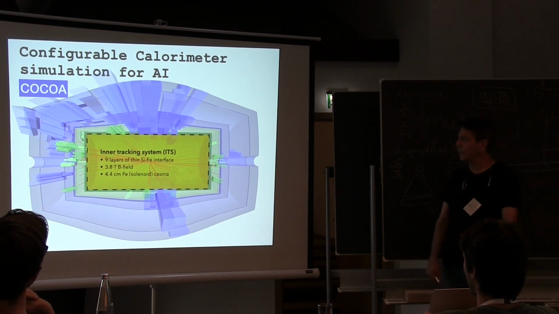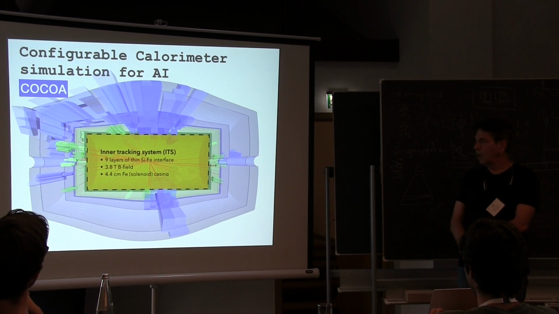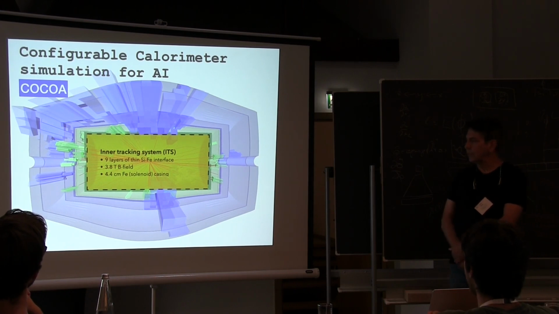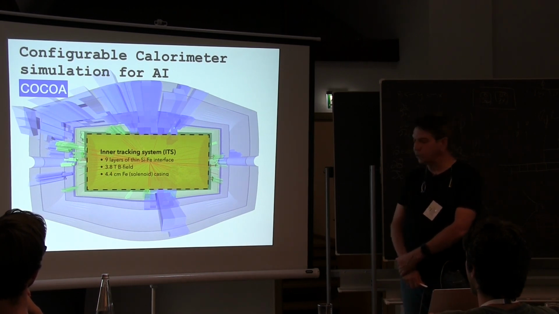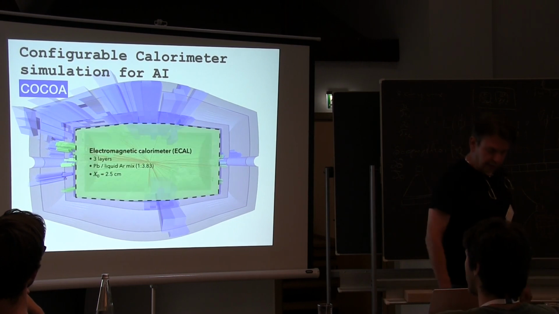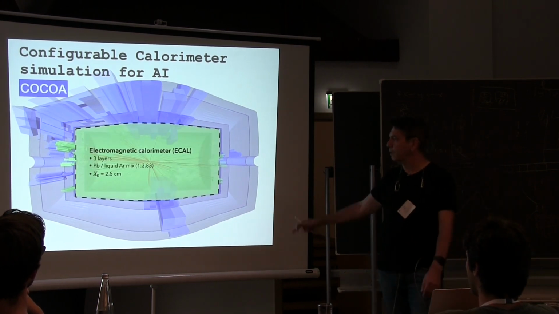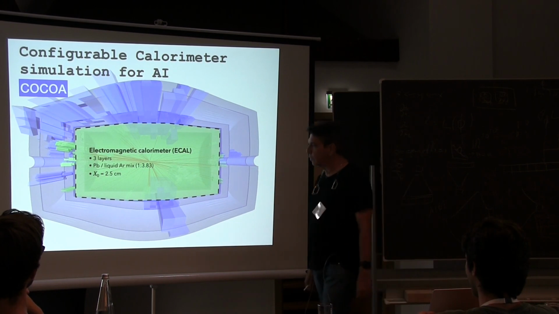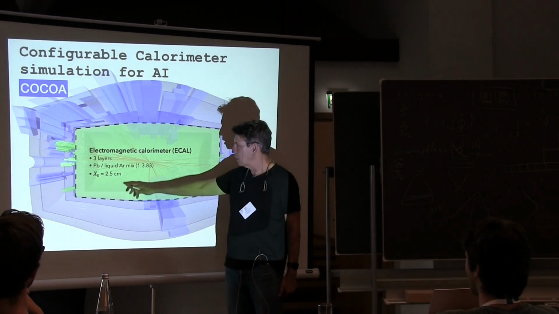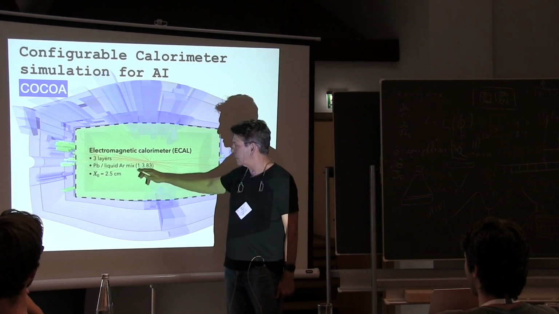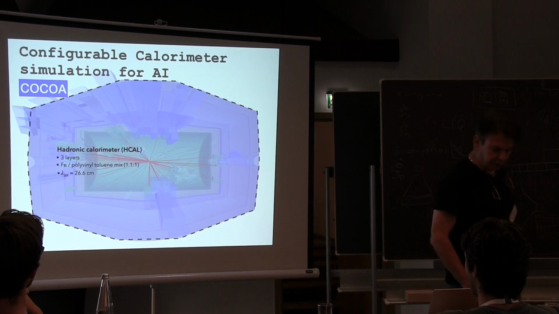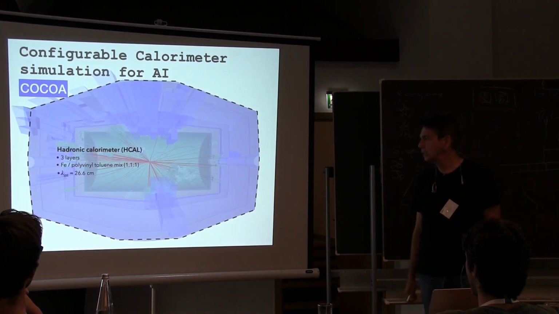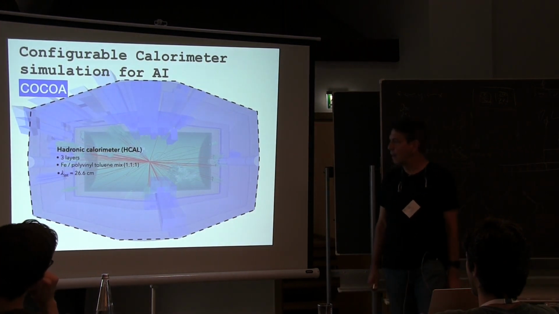It's made of an inner tracking system with a 3.8 Tesla magnetic field, with a solenoid, with 9 layers of thin silicon. This is surrounded by an electromagnetic calorimeter with 3 layers, which have a lead-argon mix as done in Atlas. This is surrounded by the hadronic calorimeter with another 3 layers.